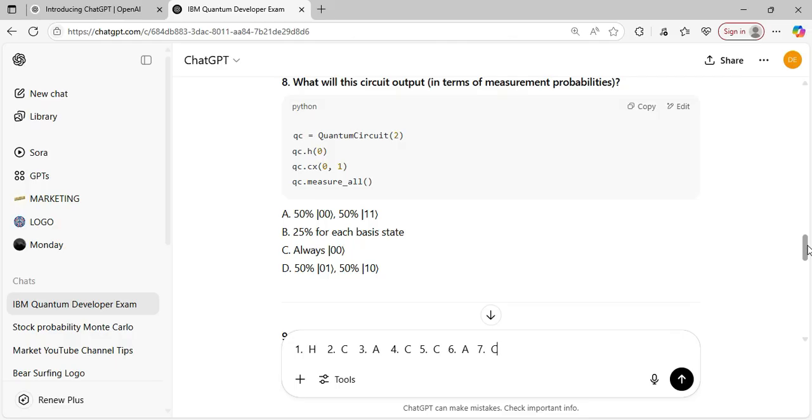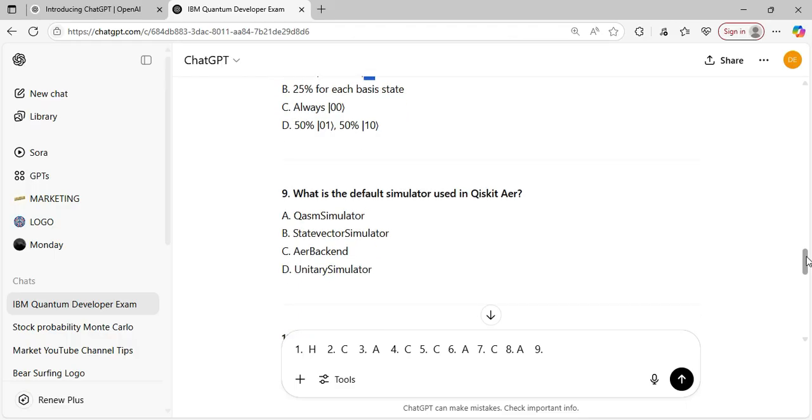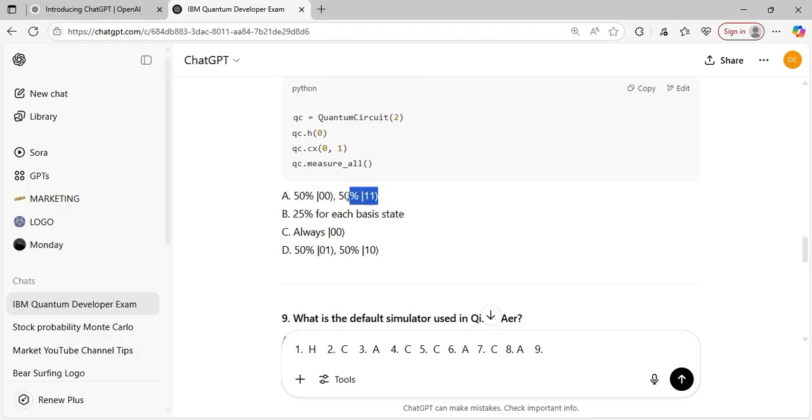No. Always 00? No. It's either A or D. I'm going to say it's A, because it should be a 50-50 state. Looking at these numbers, this means the two qubits are entangled: 00 and 11. Those are two entangled qubits looking at that format.